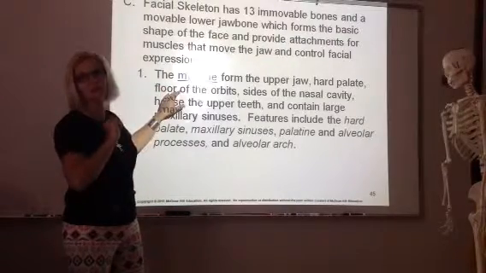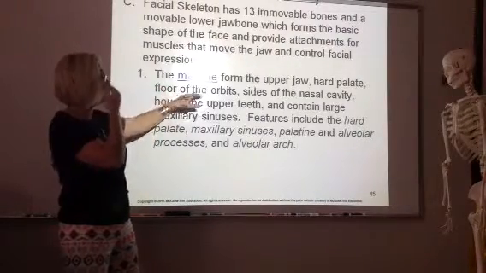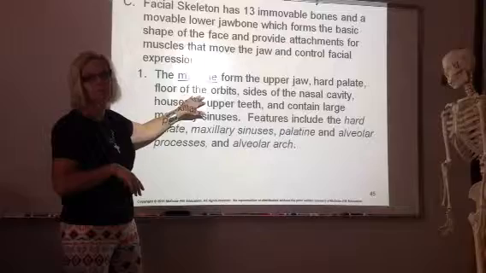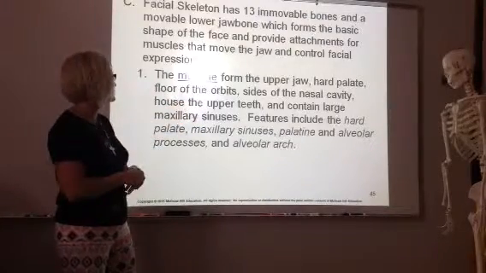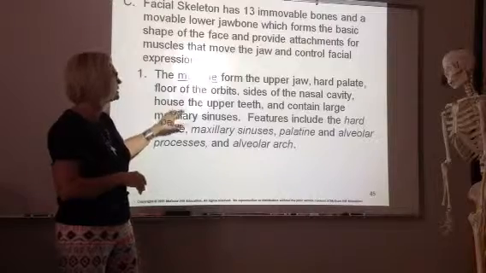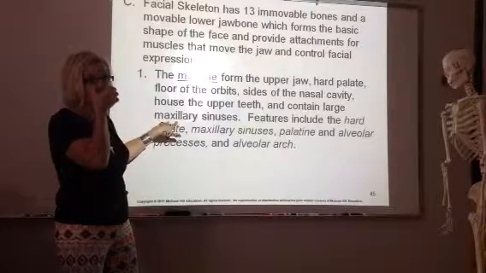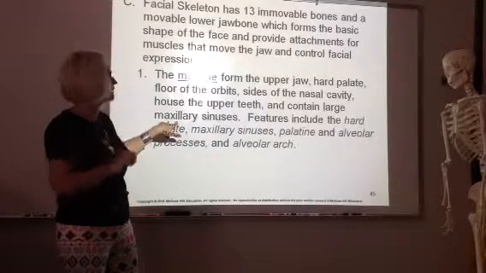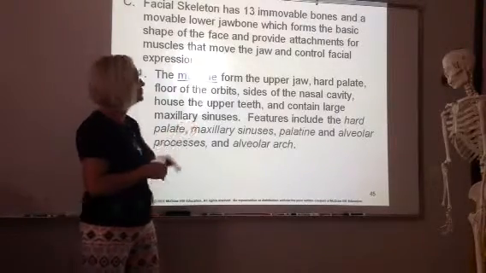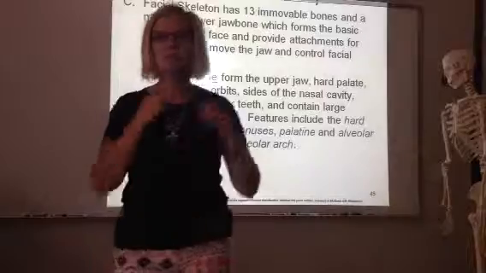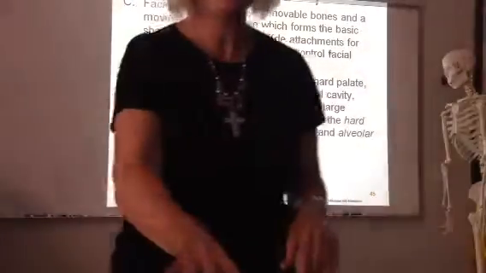Hard palate, it's going to make up the roof of your mouth. Floor of your orbits, bottom of your eyes, sides of the nasal cavity. It's going to help house your teeth. And your maxillary sinuses are going to be found in that bone. That's probably the most important part there. So maxilla, top.